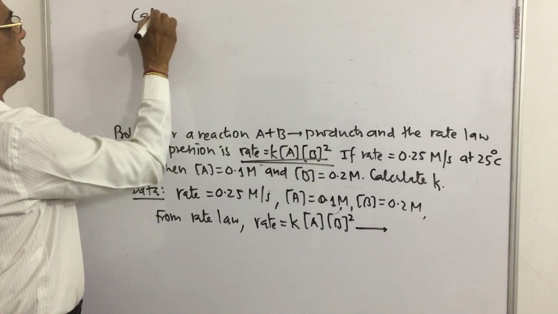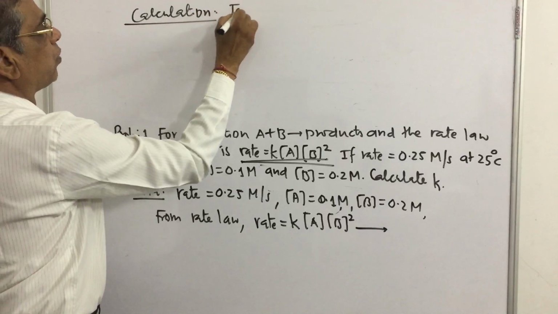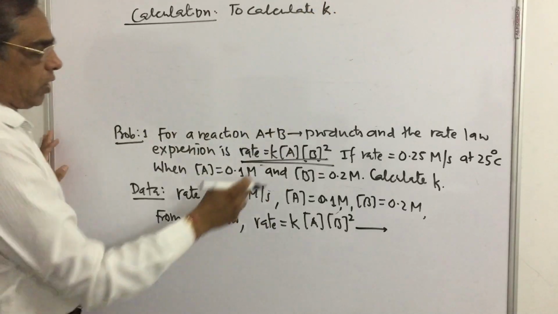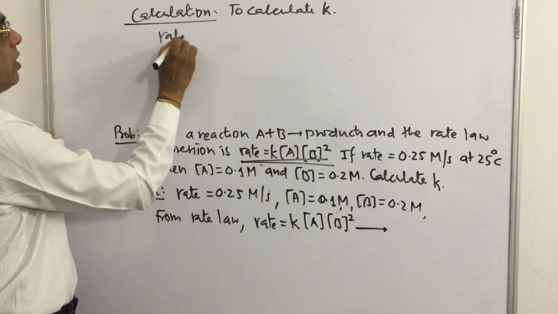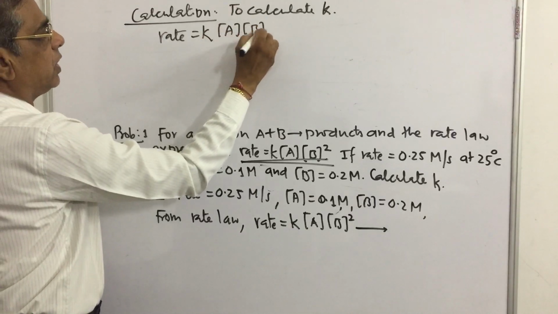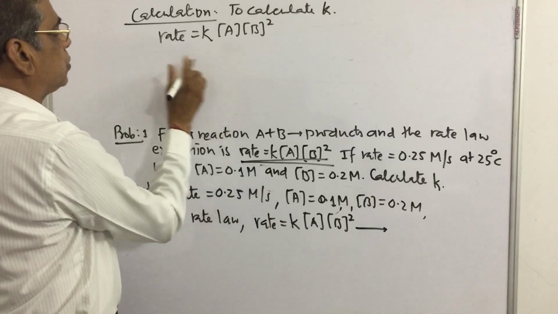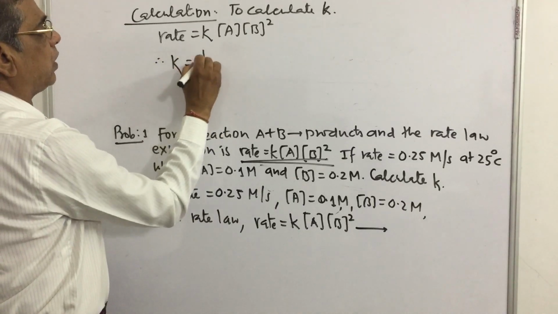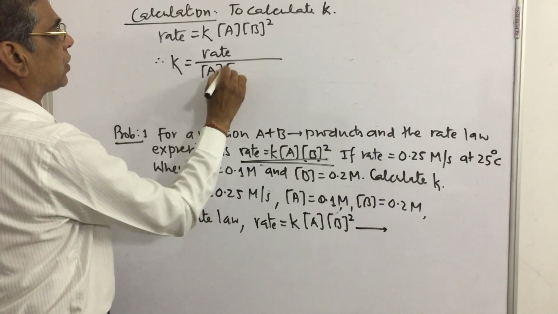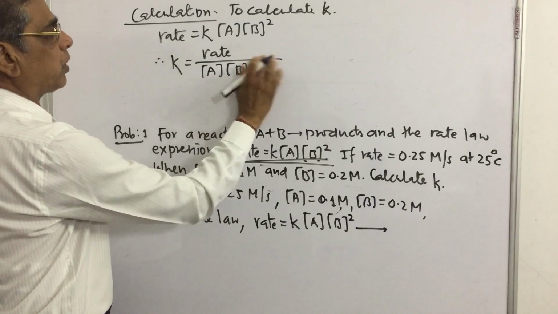Now calculation. To calculate K, from the rate law expression, rate equal to K into concentration of A into concentration of B raised to the power 2, we can write K equal to rate divided by concentration of A into concentration of B raised to the power 2.